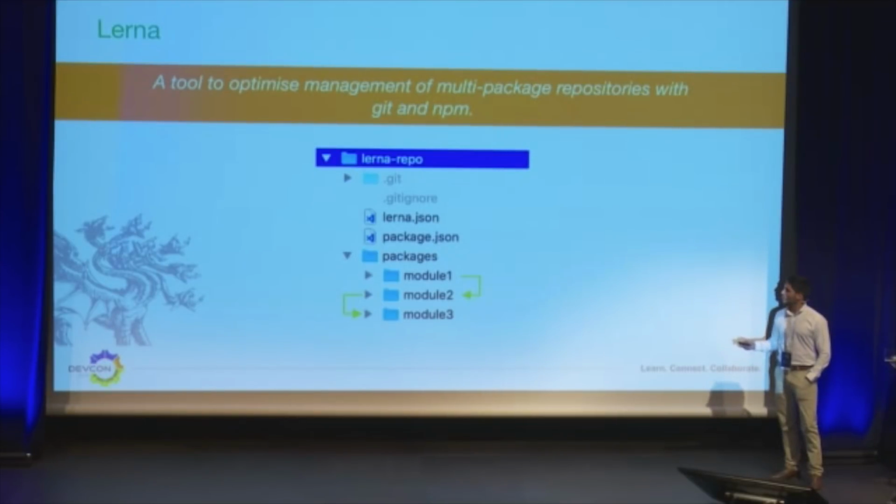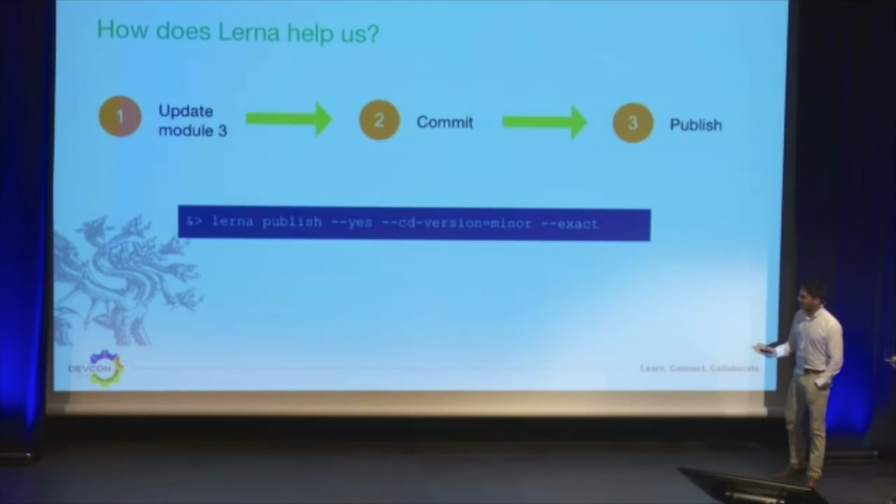And I would like to show you how Lerna works using an example. So let's say that we have a project like that, which has different modules. Module 1, which depends on module 2, and module 2, which depends on module 3. And then we make a change in module 3.